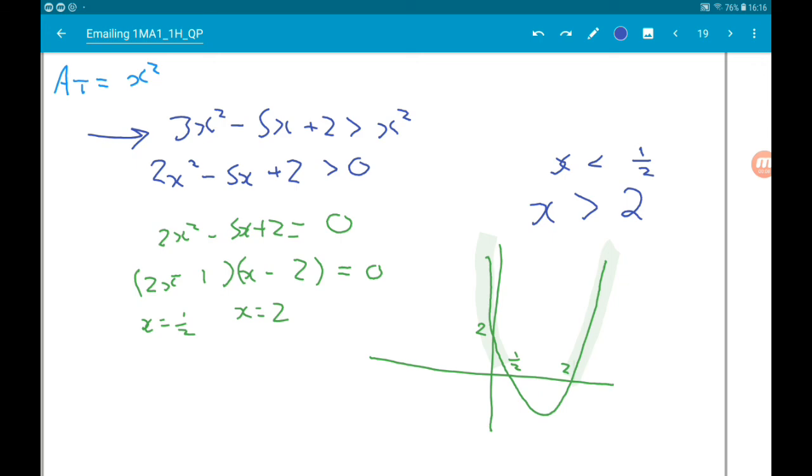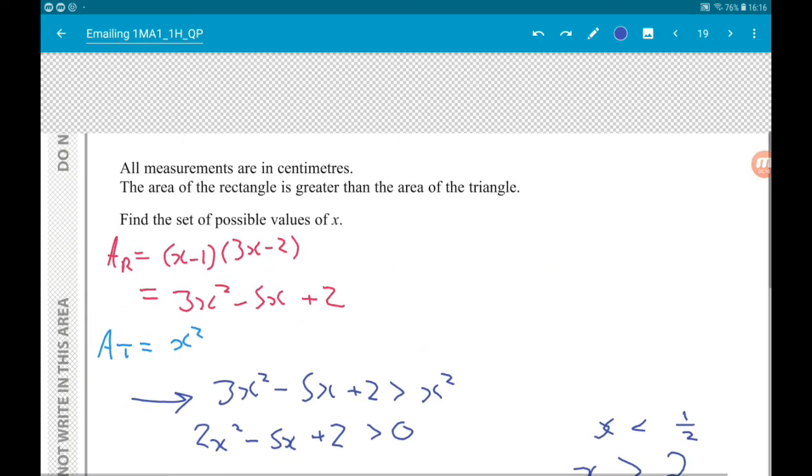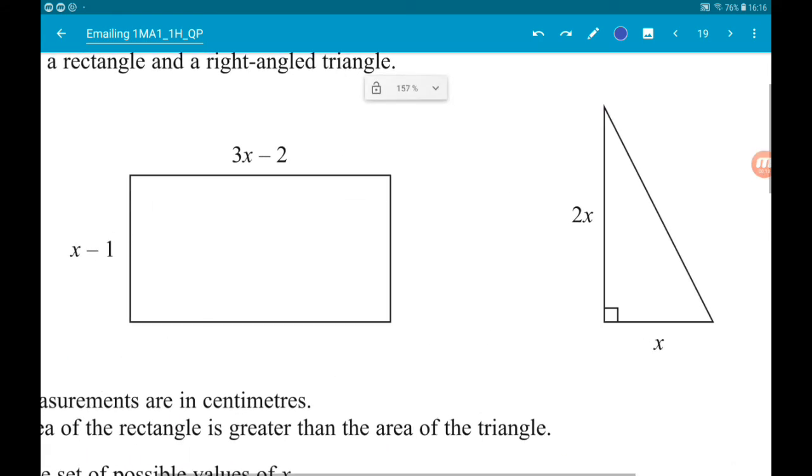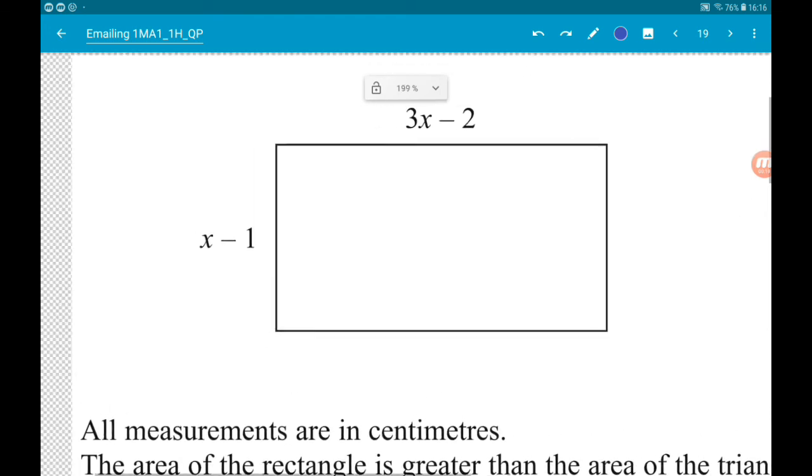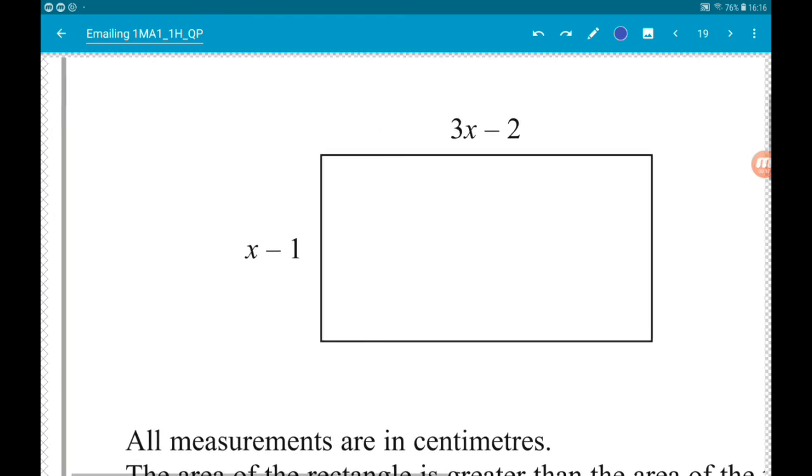You'd be wrong, apparently. So, have to be careful when you do this sort of question. If x was, well, it can't be 1/2. If it was just less than 1/2, or anything less than 1/2, x minus 1 would be negative.